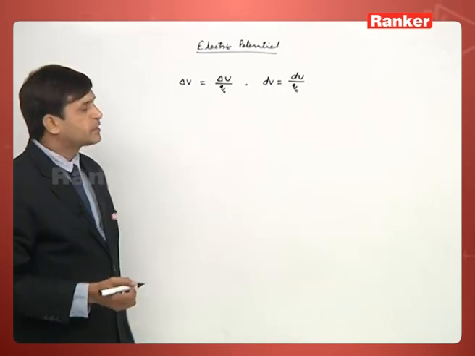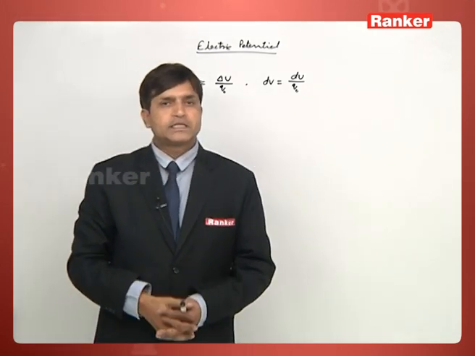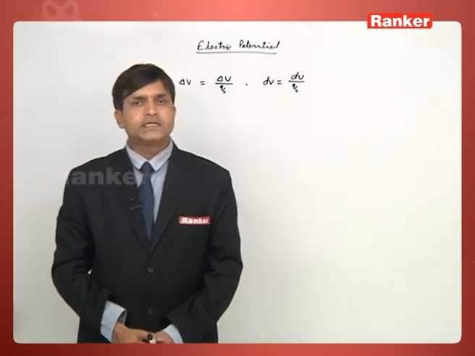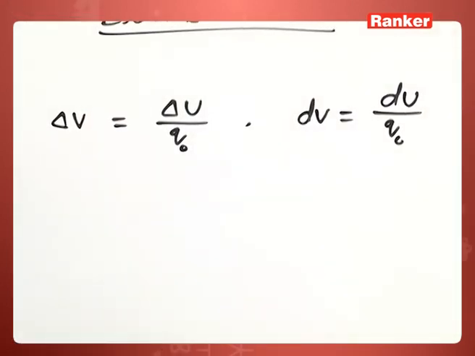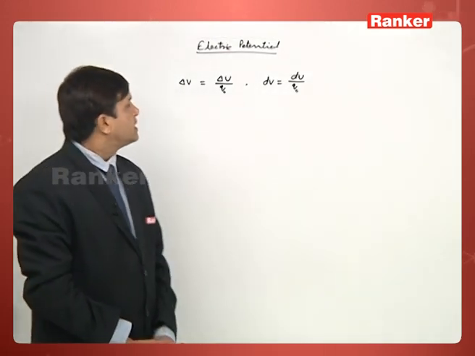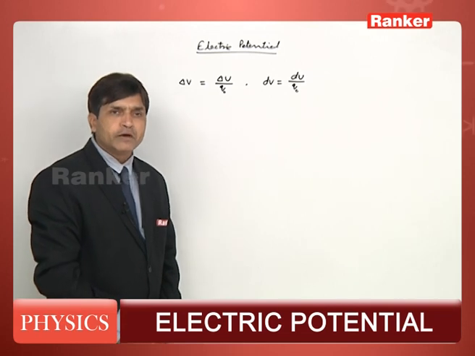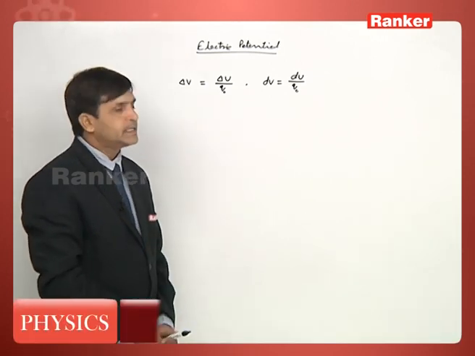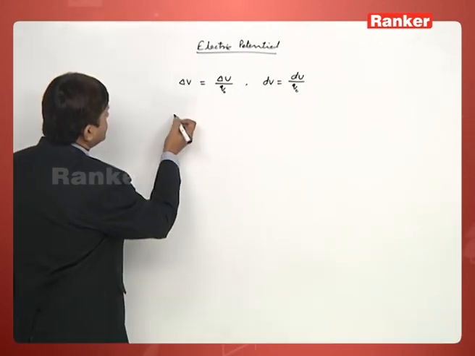See, as we have defined earlier, the change in potential energy is the negative of the work done by electrostatic force. So here also we can represent the change in potential energy in that form. Then we will see a very interesting result and a very good conclusion from that.